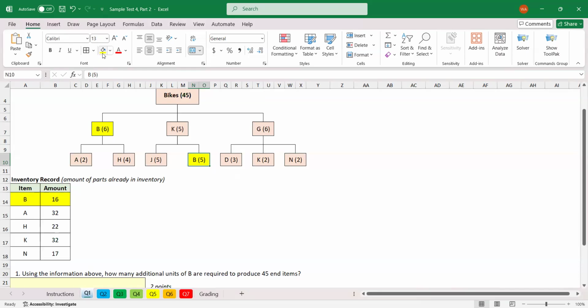Typically for a bill of material question, it's going to be a straightforward multiplication. You're going to be multiplying down whatever path you have here. I typically would set this up with the path and the amount of parts needed.